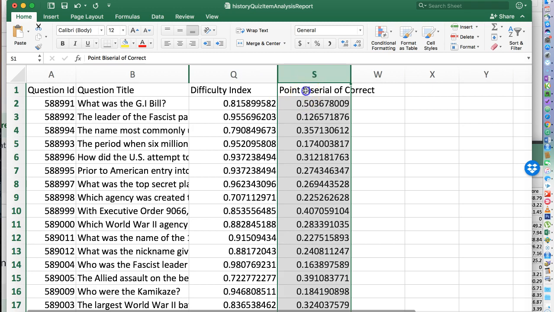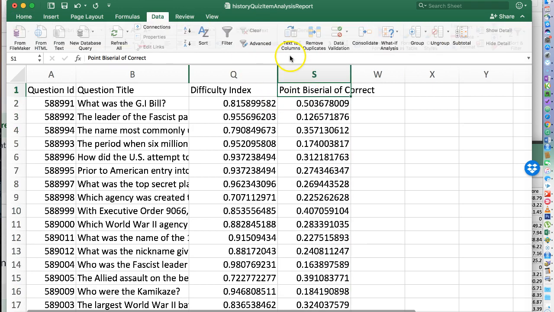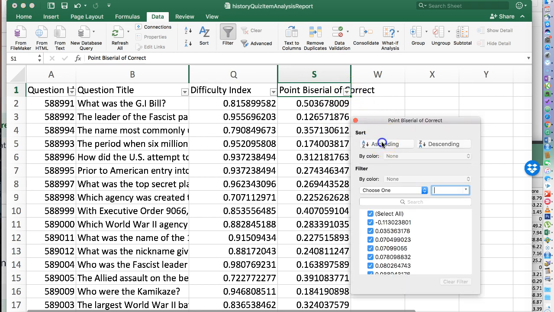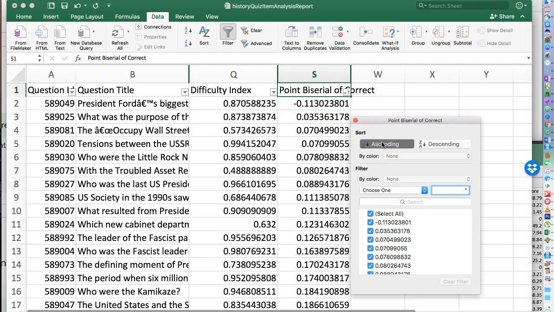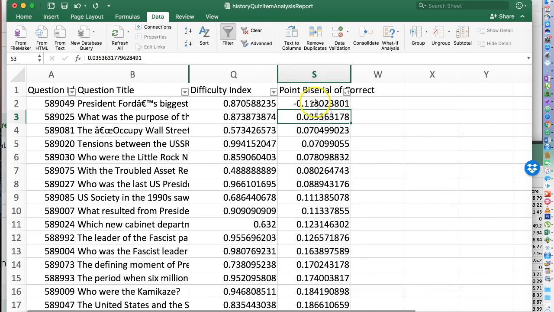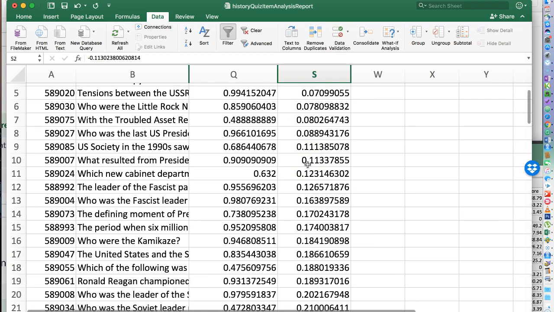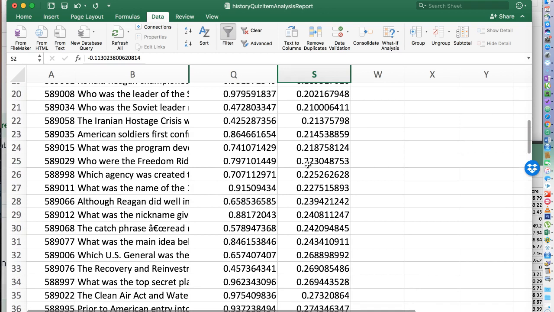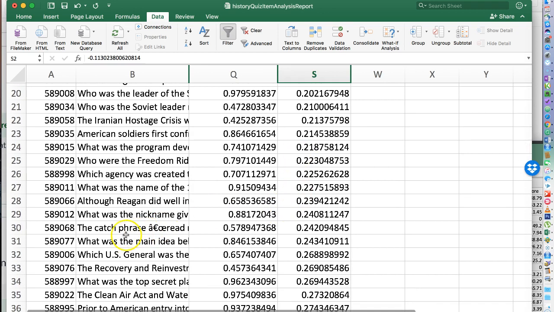You can highlight that, go to Data, Filter. This allows you to then sort by ascending or descending of the point biserial. If you do it ascending, then you automatically see all of these, which are probably okay.